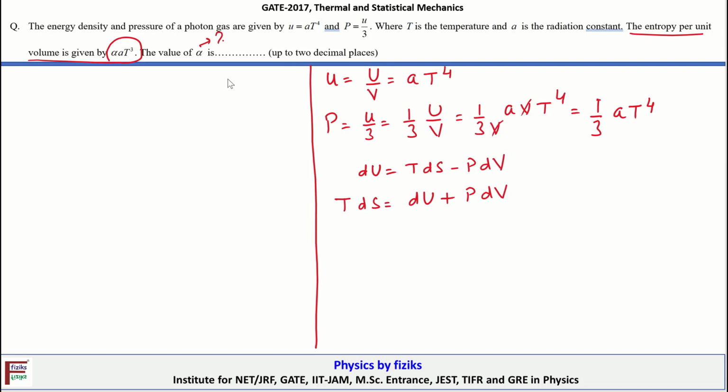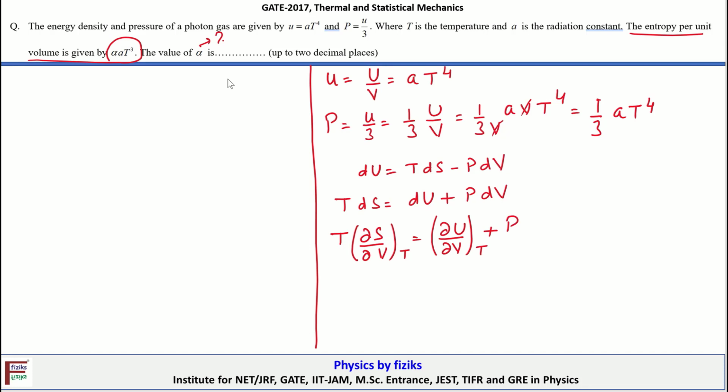From here I can rewrite this as T dS by dV at constant temperature equal to dU by dV at constant temperature plus P dV by dV, which will give us only P.